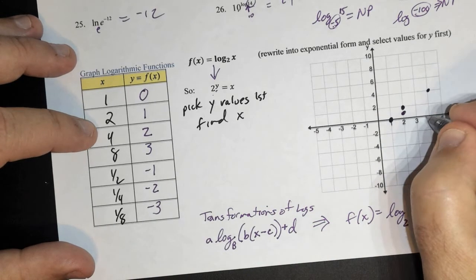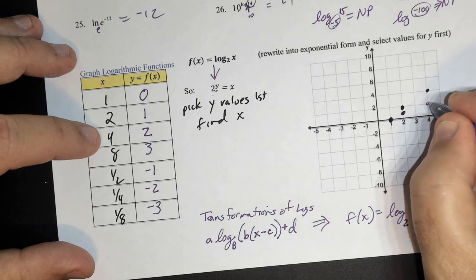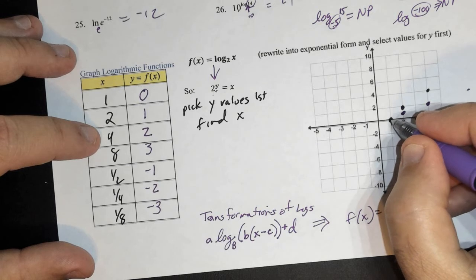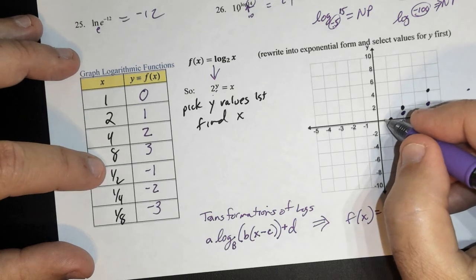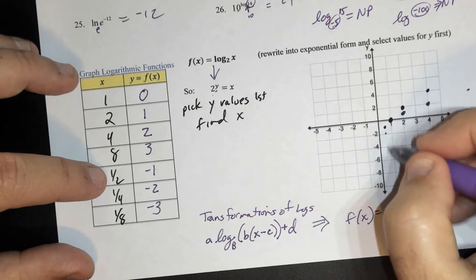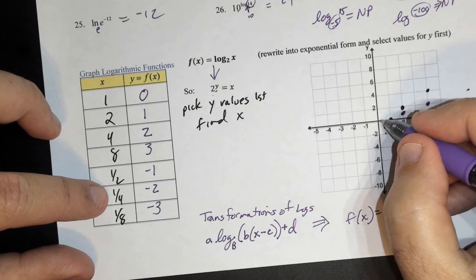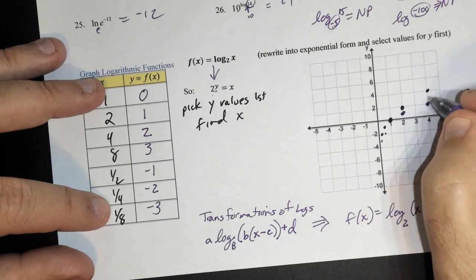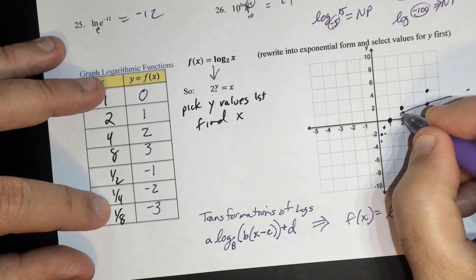Sorry. This would be 4, 2 here. And then 8, 3 would be here. Okay? And then we'd have 1/2, negative 1. Gotta look at these graphs carefully. They do that to you once in a while. Negative 2. Negative 3. So you end up having something that looks like this.